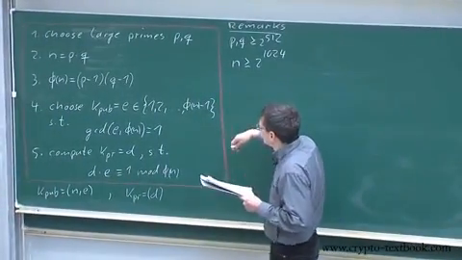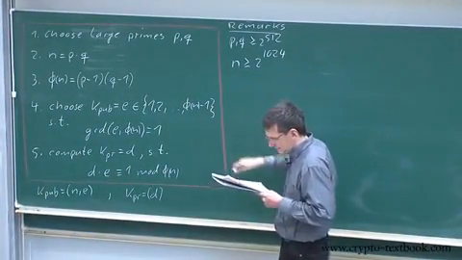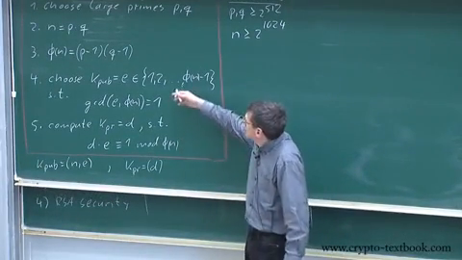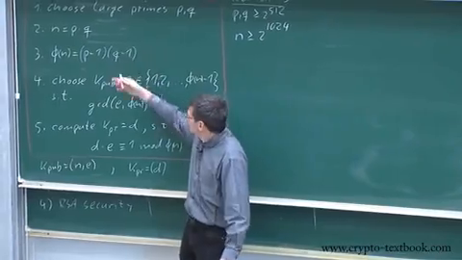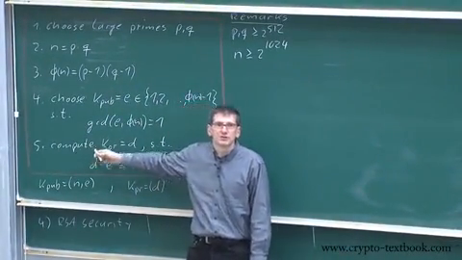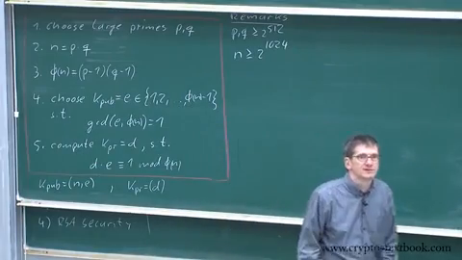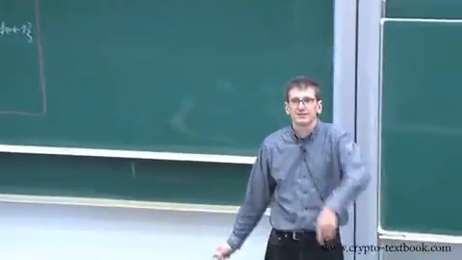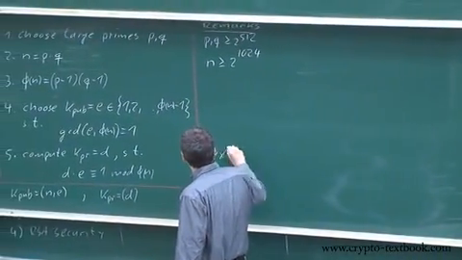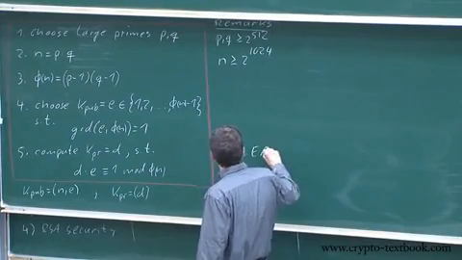Phi of n is easy, and maybe the last remark here. So here you just choose something. This is multiplication. We don't have to talk about that. How do we compute the inverse? What is our favorite algorithm? Yeah, very good. Extended Euclidean algorithm.